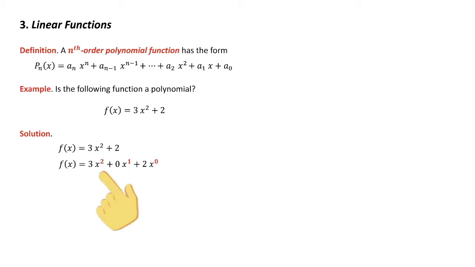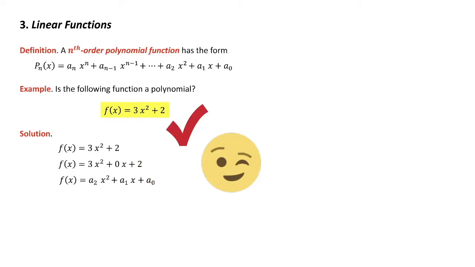So now I have x to the second power, x to the first power, and x to the 0 power, which is 1. So I had to first put it in the correct form. If it can fit the template of a polynomial, it's a polynomial, no argument. So I can take a2 to be 3, a1 to be 0, a0 to be 2, and it is a polynomial because it fits the form. So we're going to be talking about polynomials. That's a second order polynomial.